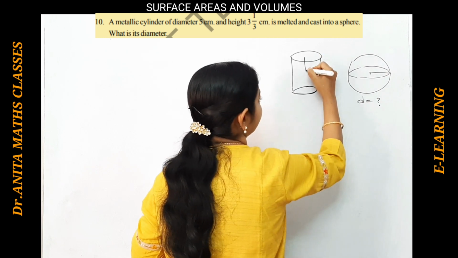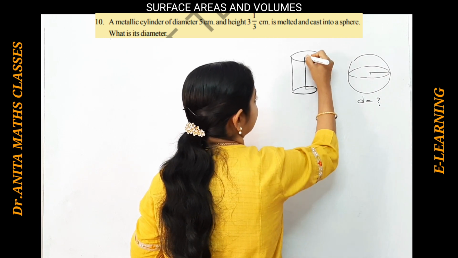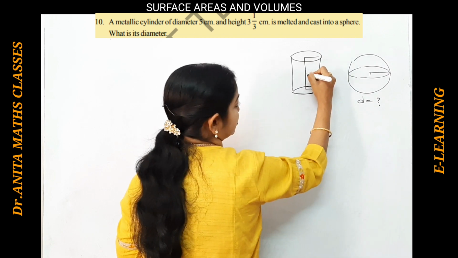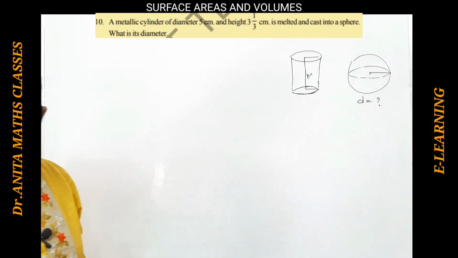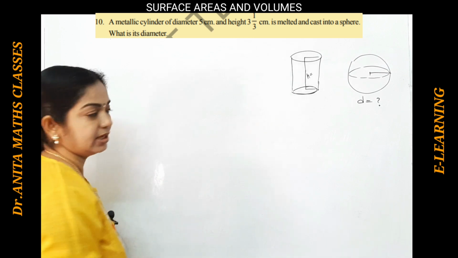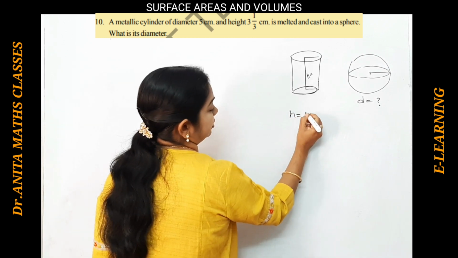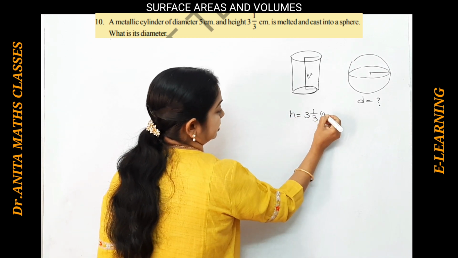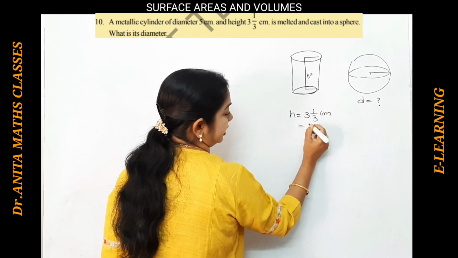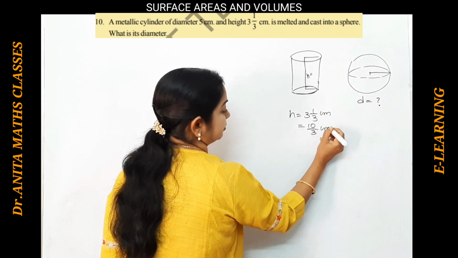Okay, what is given here? We will find out first. The height of the metallic cylinder is given as 3 1/3 centimeters, that is nothing but 10/3, changing into the improper fraction.